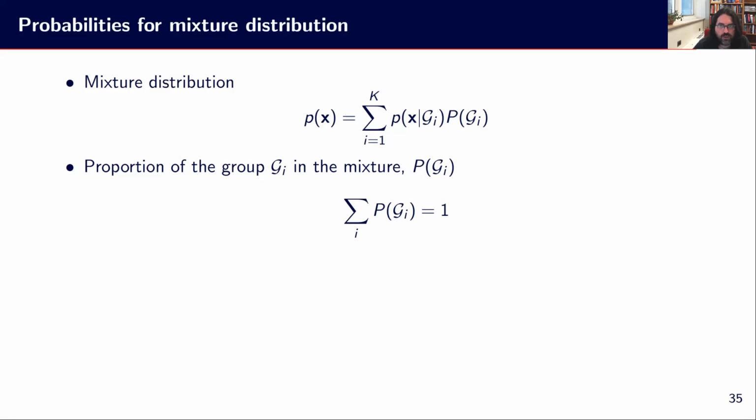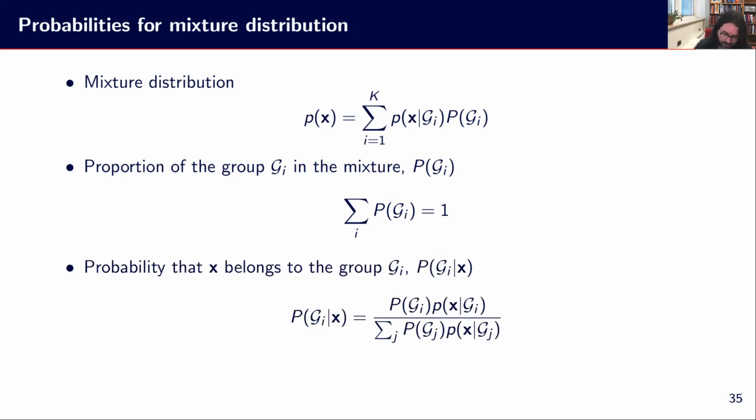So basically the proportion is the prior, which is the probability of getting a sample from group i in our mixture distribution. And the sum of these probabilities should be equal to 1. So if we have 3 groups, we should be sure that the probability of G1 plus P of G2 plus P of G3, summing these 3, is equal to 1. Otherwise, there's something missing. We are not really using probabilities.